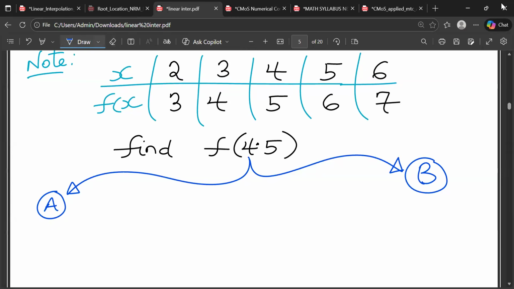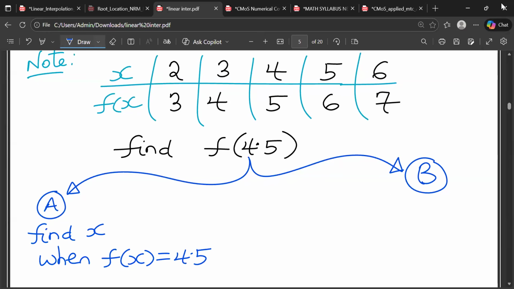Do they want you to find x when f of x is 4.5, or they want you to find f of x when x is 4.5? So assuming that's the table that you have, which option does that question want?